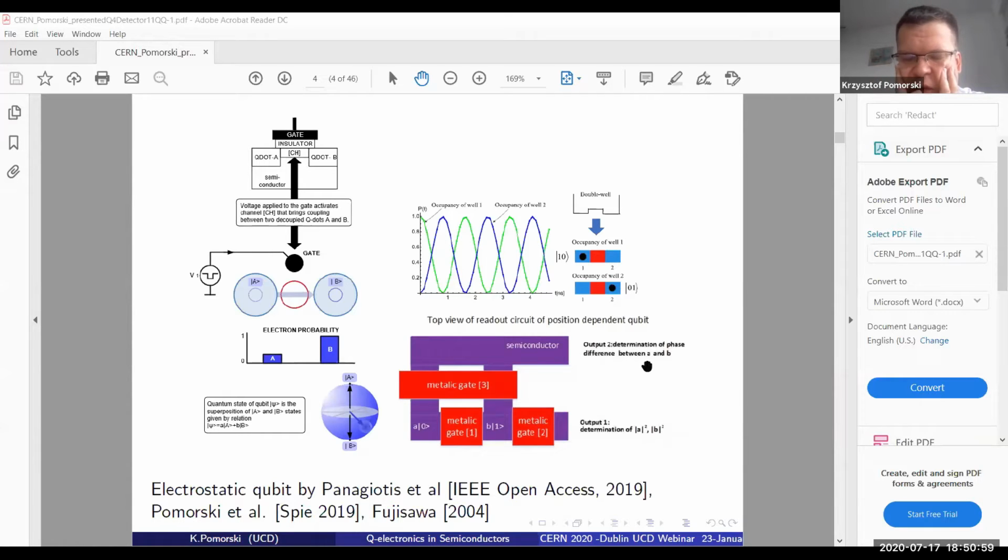I think it would be very troublesome to determine output 1 and output 2 at the same time. Nevertheless, from a formal point of view, you can attempt doing so. The problem is that in output one we have two wave packets, one associated with a square and a second wave packet associated with b square.